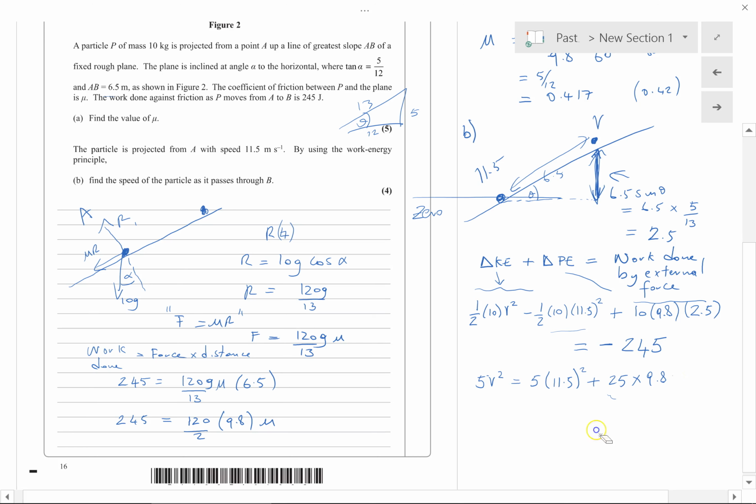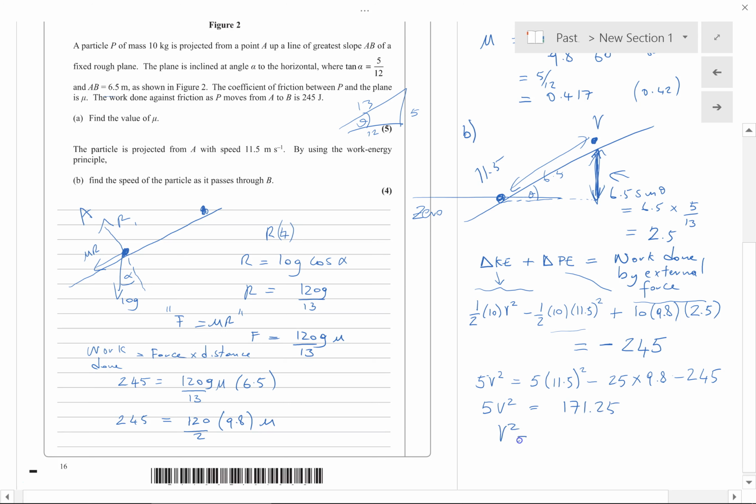Wait a minute though, that's take away 245. Okay, so now I'm going to go to the calculator and work out what all this amount is. So that's 5V squared is equal to 171.25.